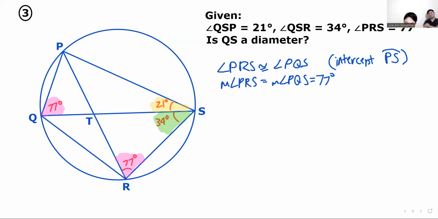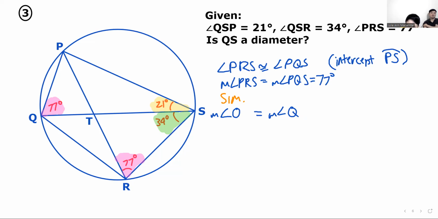We subtend the same arc. Similarly, angle QPR is equal to the measure of angle QSR, the given QSR.